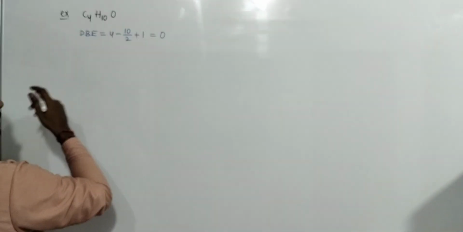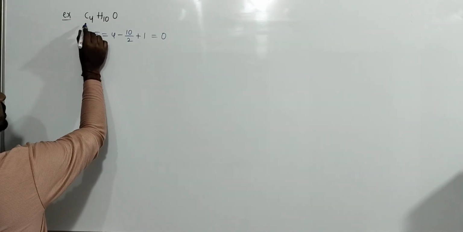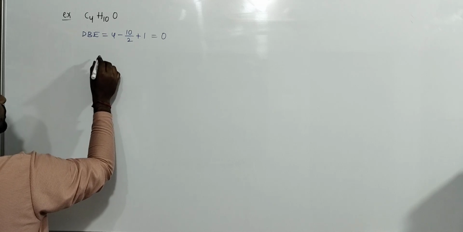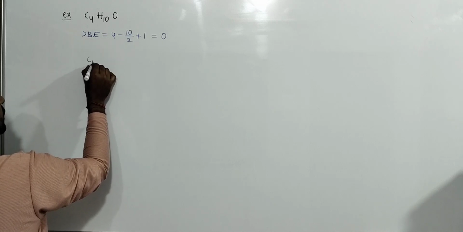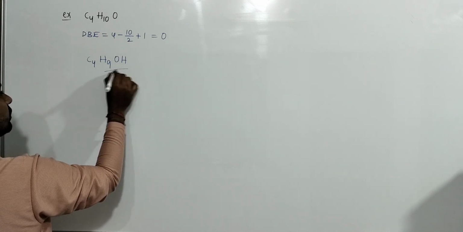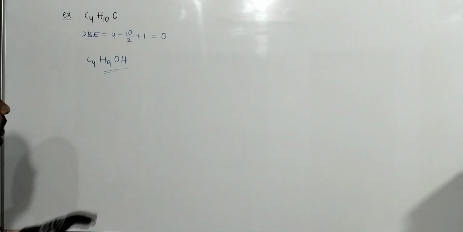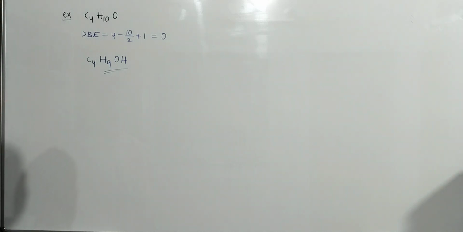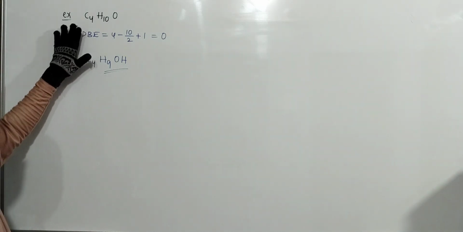How many structural isomers are possible for this? This is C4H9OH. Alcohols and ethers are possible, and they have the same molecular formula.